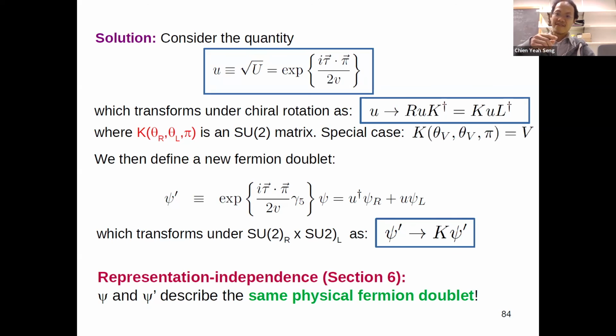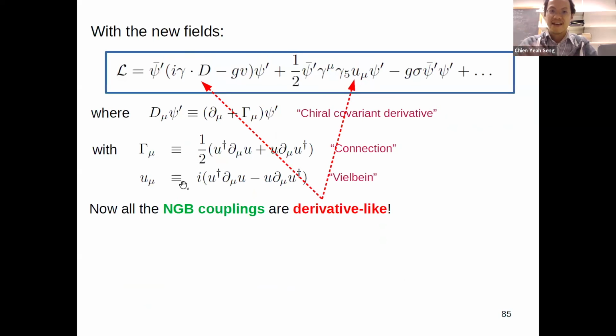And it turns out that if we express our theory in terms of psi prime instead of psi, then all the interaction terms between the fermion field and the Nambu-Goldstone boson are explicitly derivative-like. It either appears as this thing called the chiral covariant derivative, which involves gamma mu. Gamma mu is something called a connection, which involves the derivative of small u. So the coupling to the pion is derivative-like.